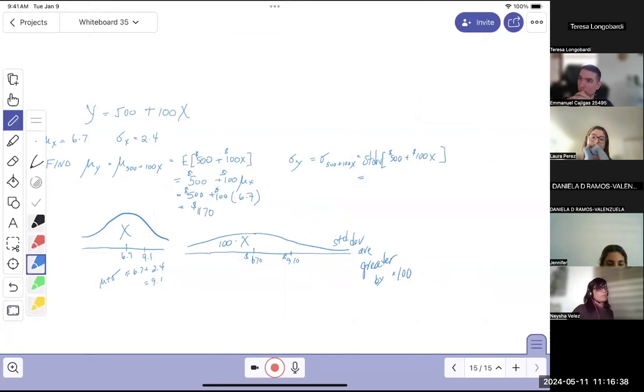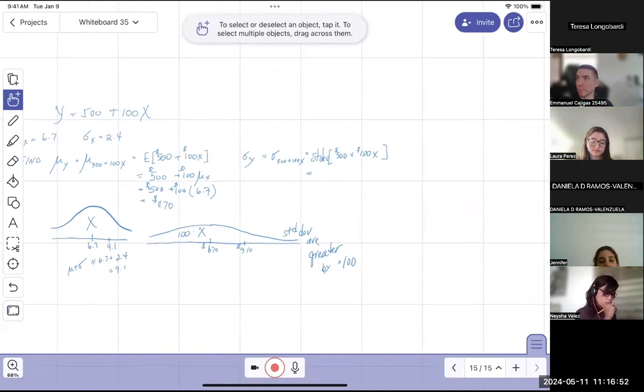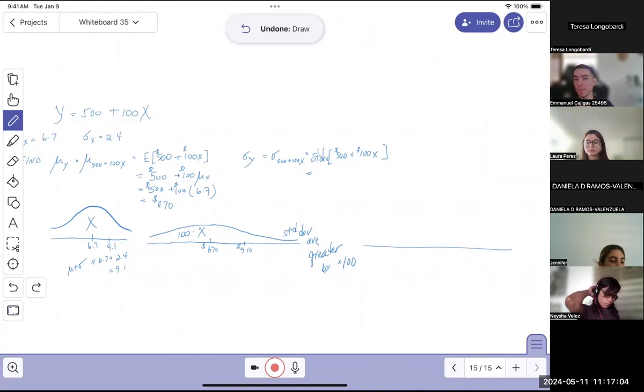The variance is a different thing, but the same result. But anyway, if I add 500 to every single value here, what do I get? $670 plus 500 makes 1170, right?